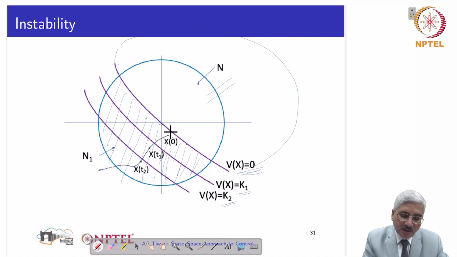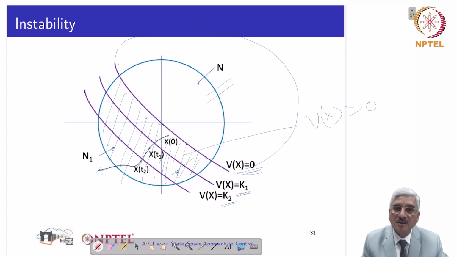So if there is some initial condition x0, with time it will grow, because in this region which is shown hashed, two things are happening. One, V(x) is greater than 0. See, it is K1. Subsequently it is K2 and so on.